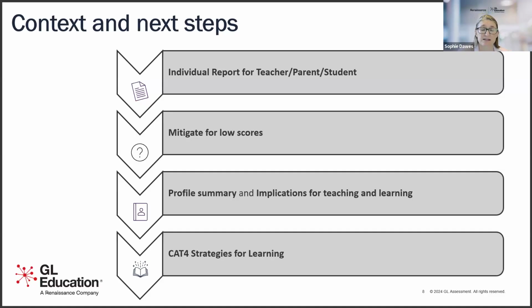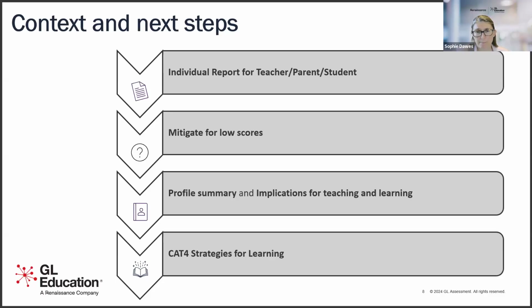So if you've not had access to the individual student reports for teachers with your CAT4 results, please do go to your person responsible for administering CAT4 and ask them for the individual reports for your class and the group report for teacher for your class, because these will offer you a fair amount of insight about those challenges and strengths of that individual child and that group, and perhaps how to approach them.